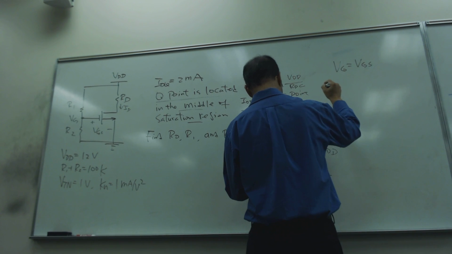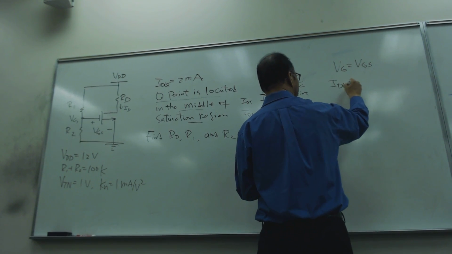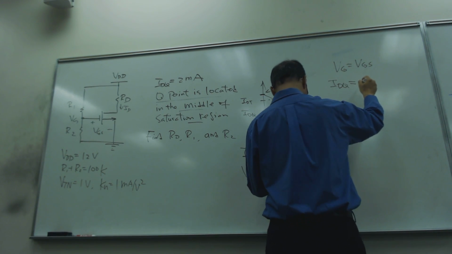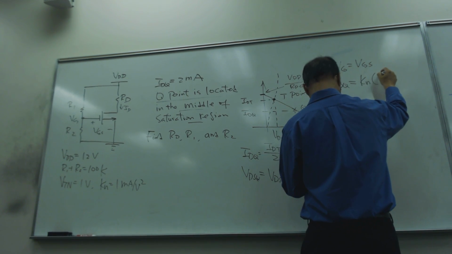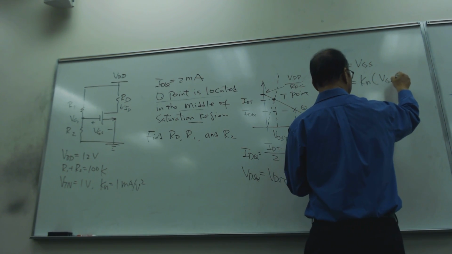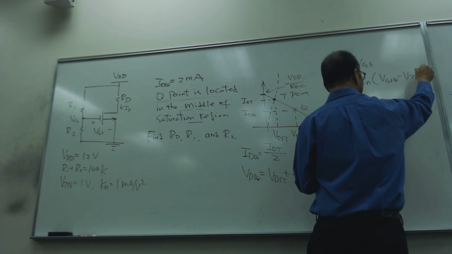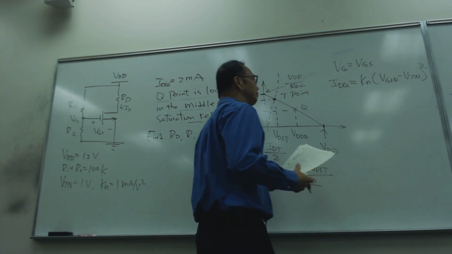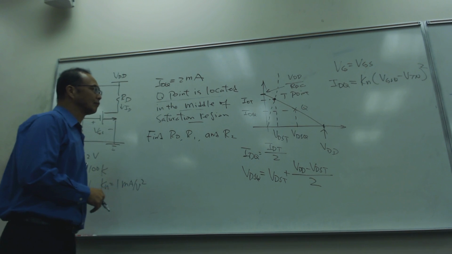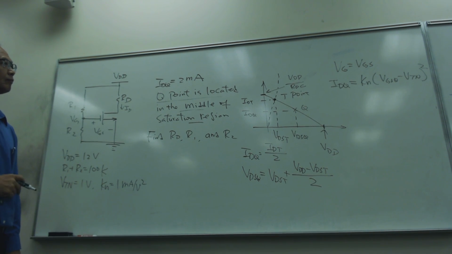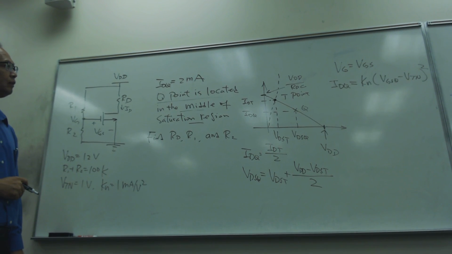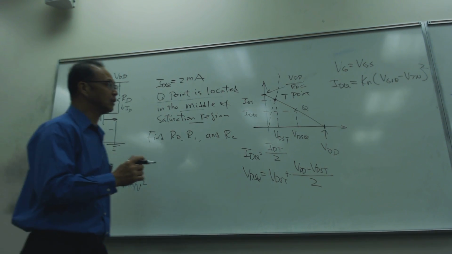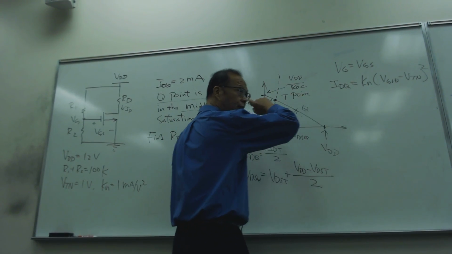And IDQ is equal to Kn times VGSQ minus VTN, squared. This is the equation for saturation, right?